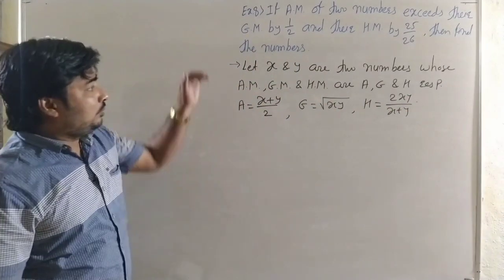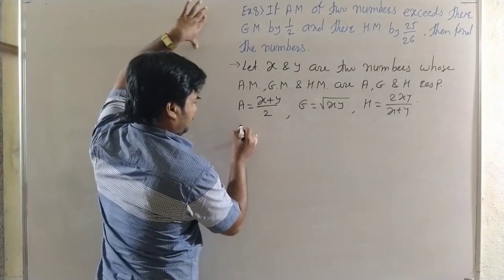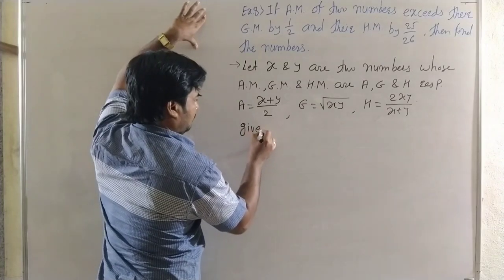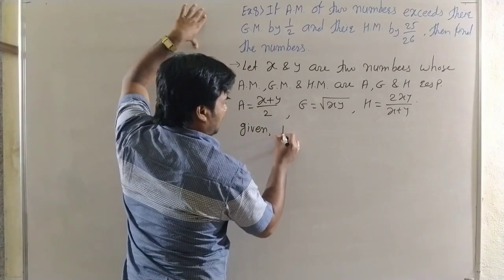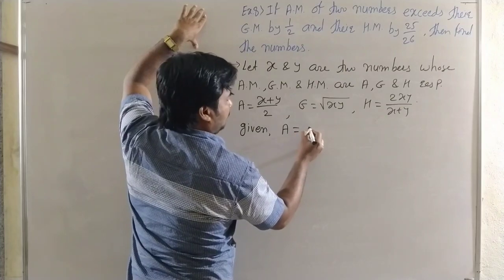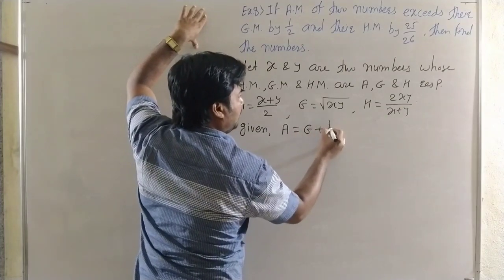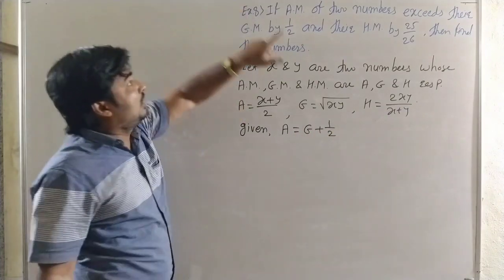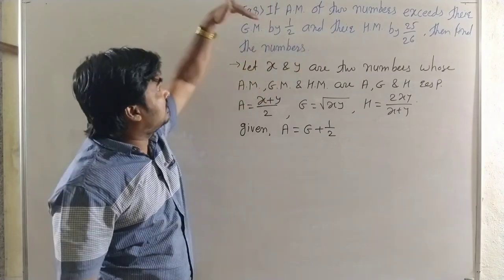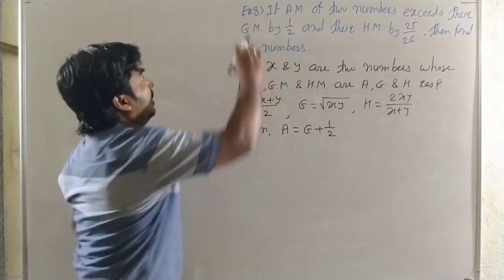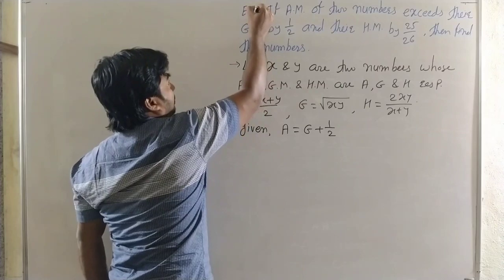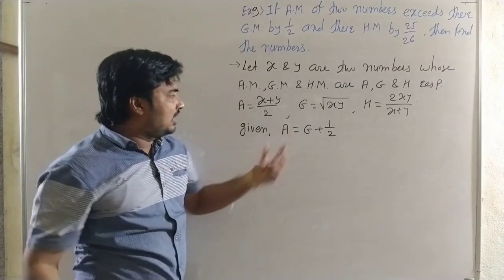Now, given that the arithmetic mean is equal to the geometric mean plus 1/2. The arithmetic mean of two numbers exceeds the geometric mean by 1/2. Here it is example number 9, the first relation.